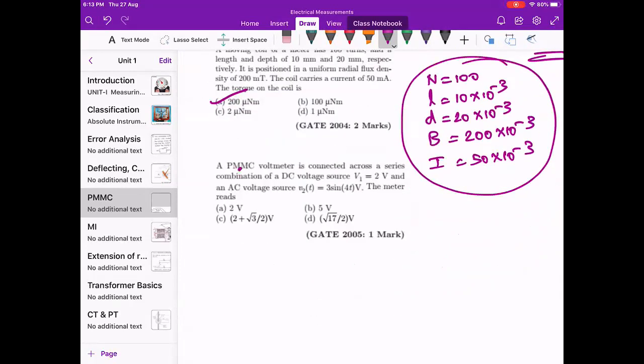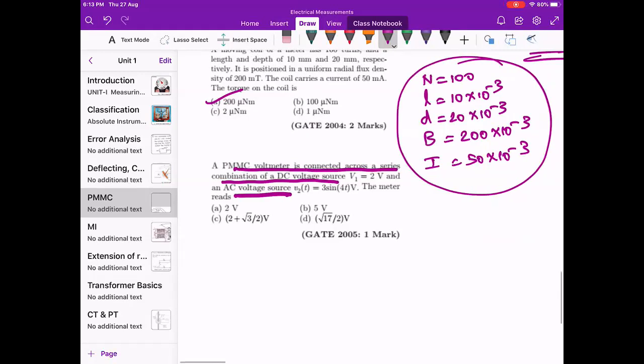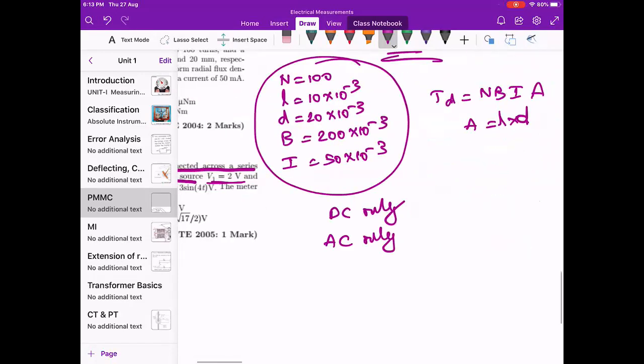Now, next, a PMMC is connected to a series combination of a DC source and an AC source. Just now I told you that this will work for DC only. Remember that point: only DC. It will not show anything other. If somebody connects AC only, the answer will be 0, the pointer oscillates about the 0 position. With DC only, it will show whatever the DC value is.